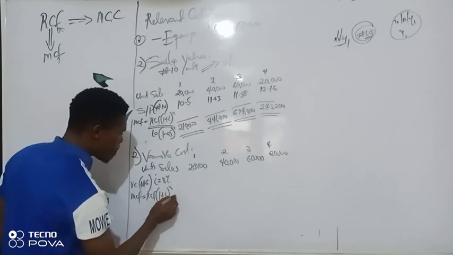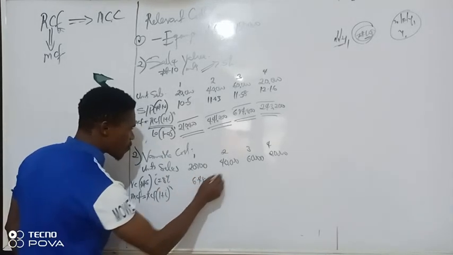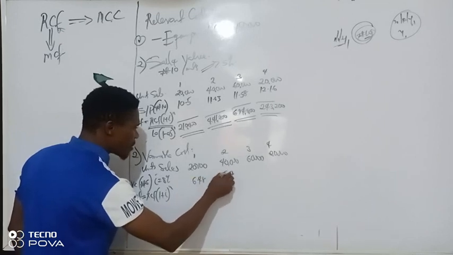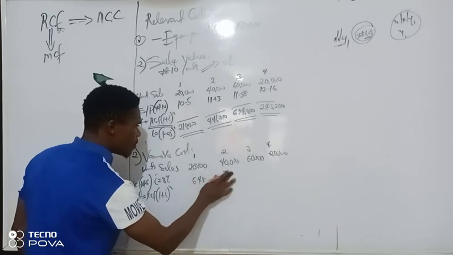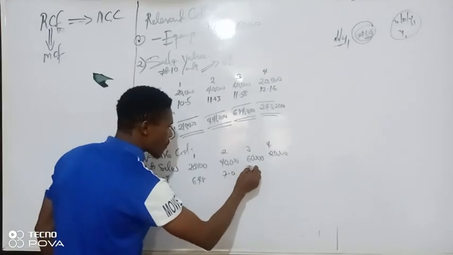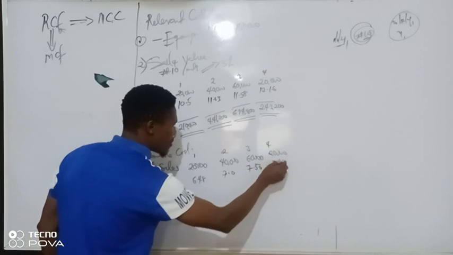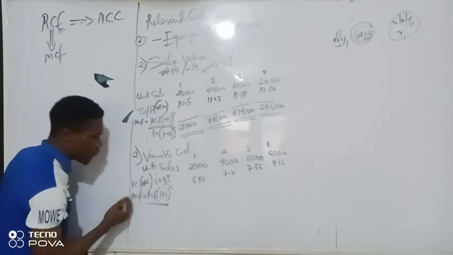For year 1, 6.48, then 6.99, 7.56, and 8.16. By the time you apply the inflation rate of 8% to the formula, you get this.